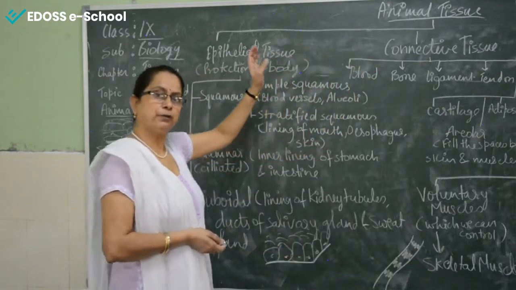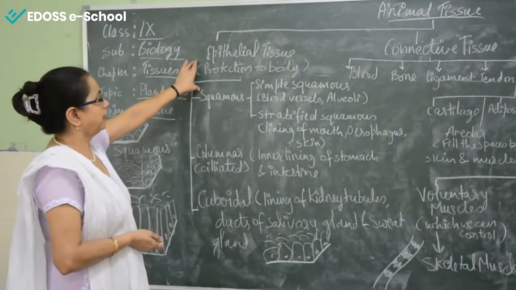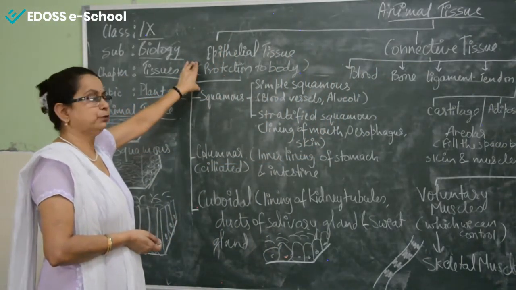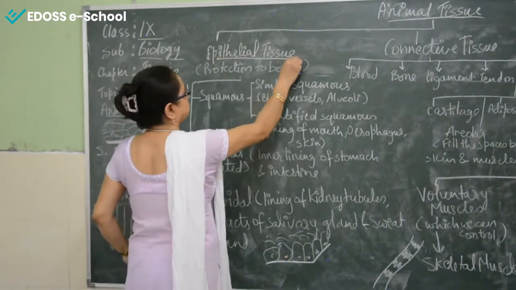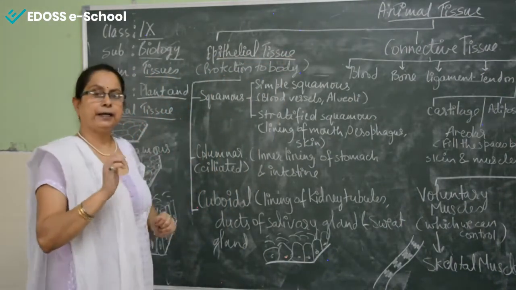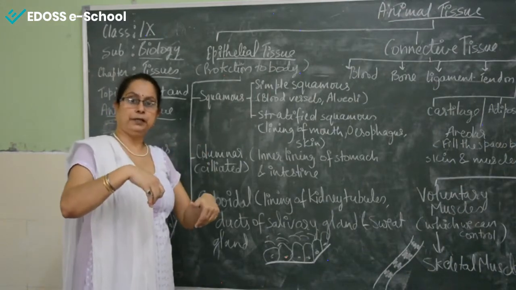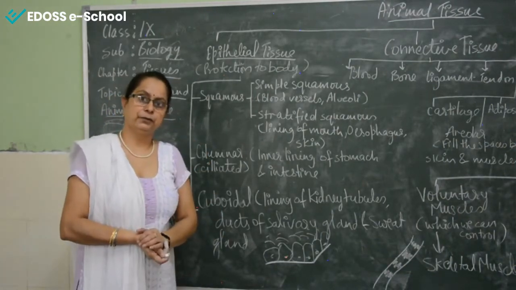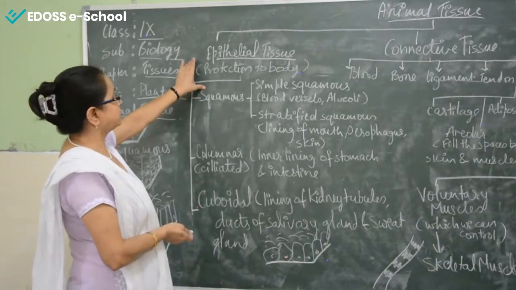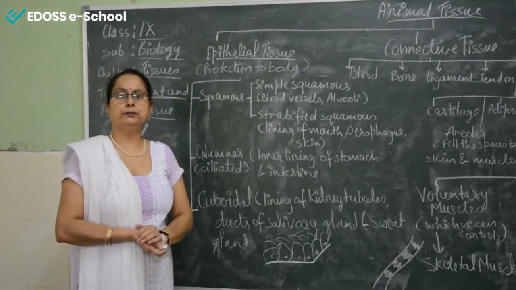So first we'll move to the first animal tissue, that is called epithelial tissue. Epithelial tissue actually provides the covering to the whole body, organs outside the body and inside the body also. So epithelial tissue provides protection to the body.